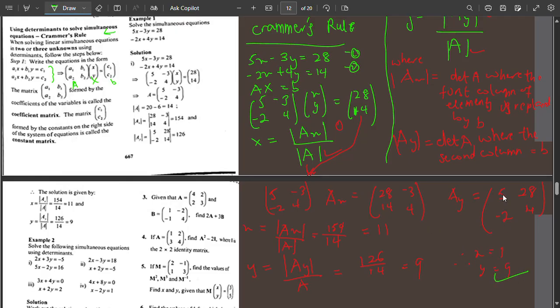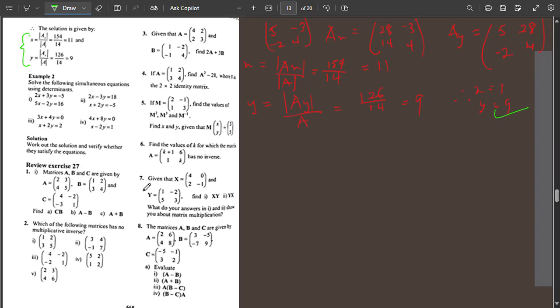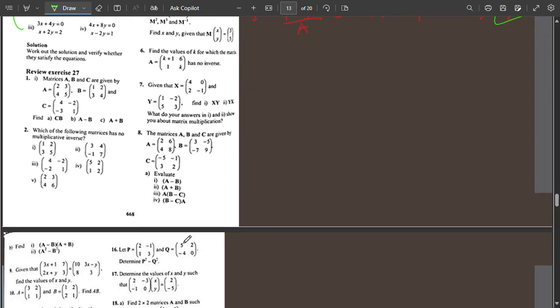All you have to know is these formulas. That is Cramer's rule. So we use Cramer's rule to solve these examples here. They are very simple. And then we'll try the review exercises.